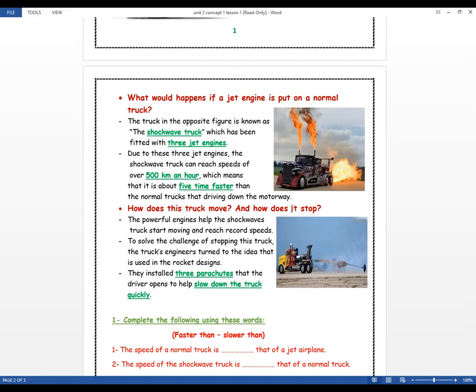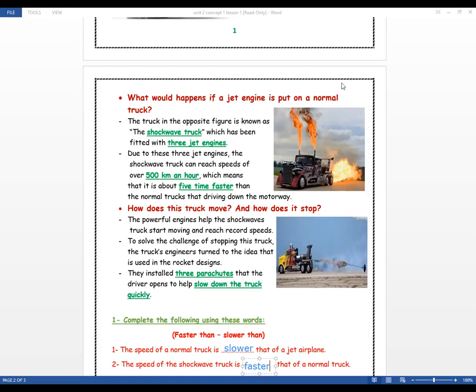Number 2, the speed of the shockwave truck is faster than that of a normal truck. You understand, junior 4?